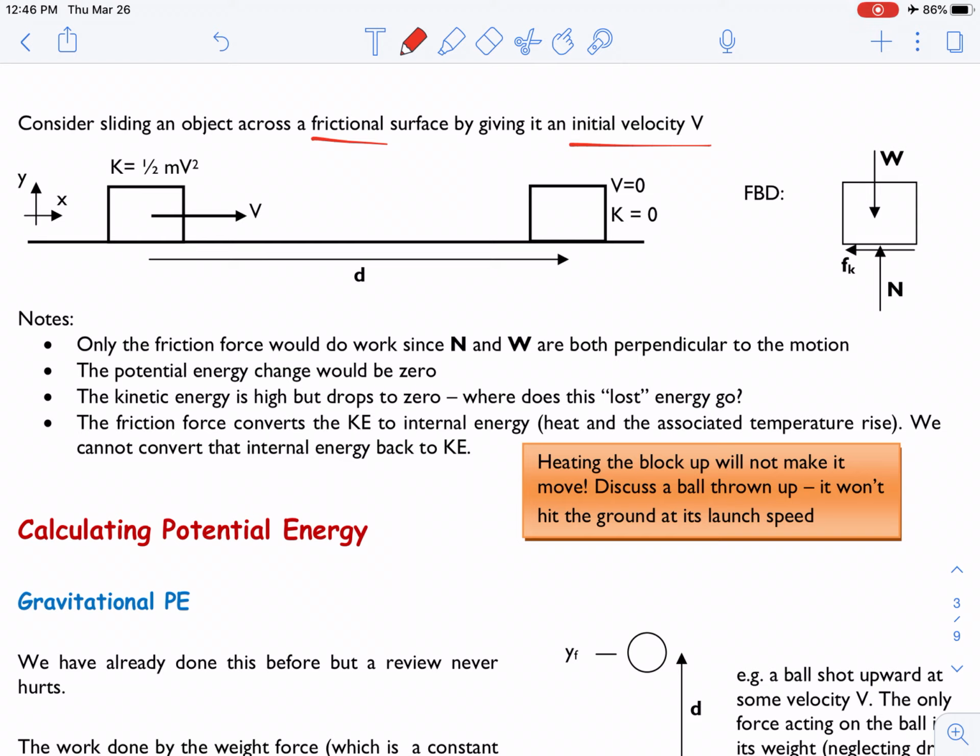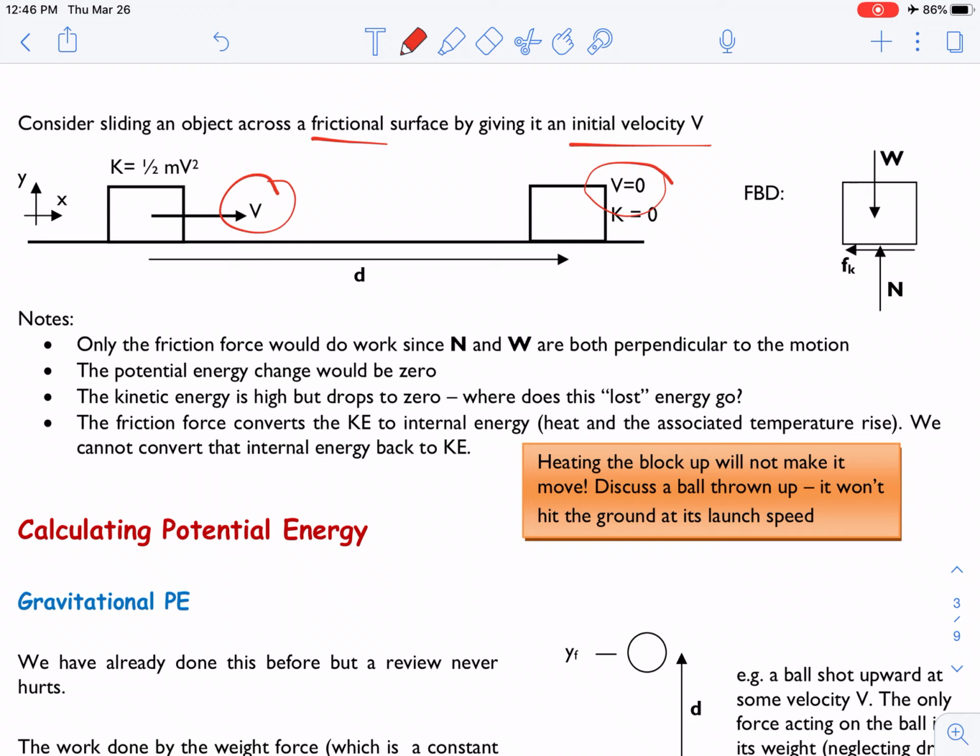So initially the object has a velocity, and after a while it just stops. So what happened? How did the energy transfer, from what type and to what other type? We're investigating this.